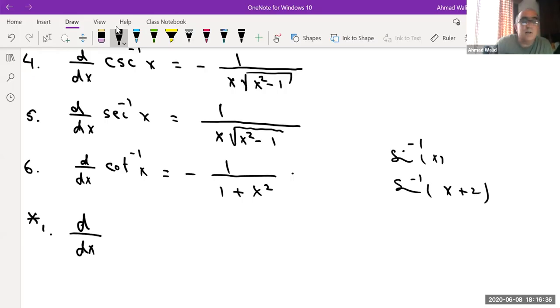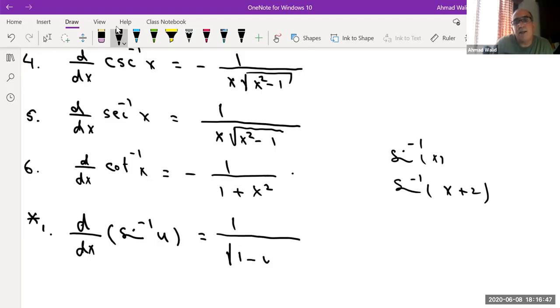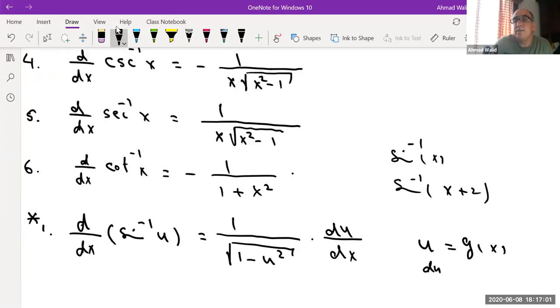d/dx of inverse sine u equals 1 over square root of 1 minus u squared times du/dx. Your u is g of x, and du/dx will be g prime of x. Correct?